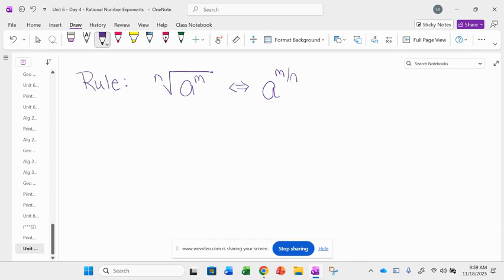So if I have a radical, I can change it into exponential, and if I have exponential, I can change it into a radical. Now, on your test next week, I will ask for all answers to be in radical form. But in order to solve some of the problems, we have to first change it to exponential in order to solve, and then turn it back to a radical. And you'll see as we do more problems what I mean by that.